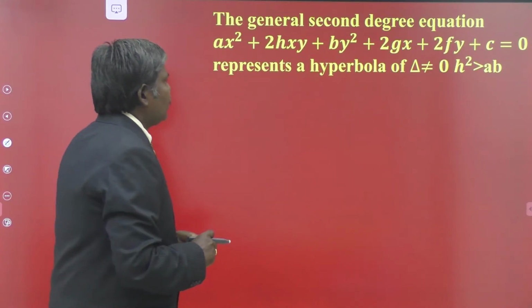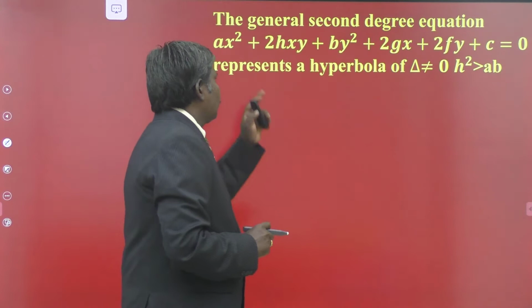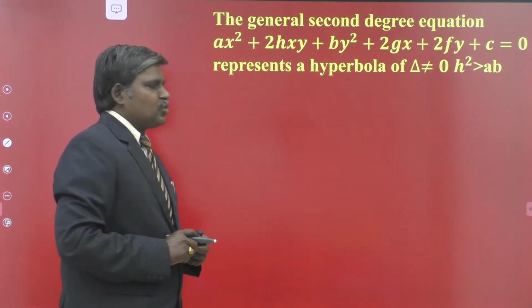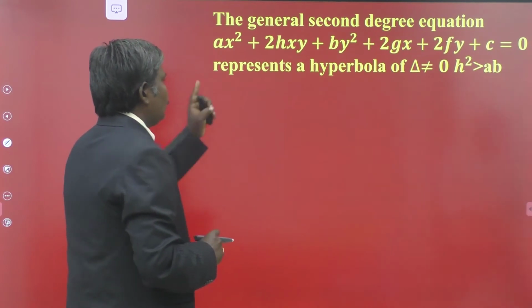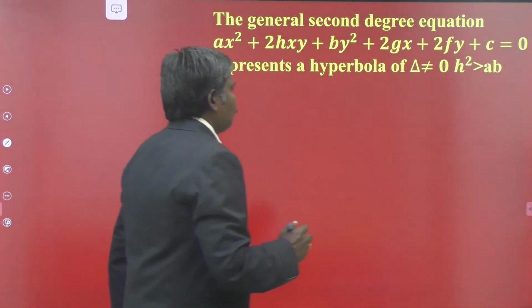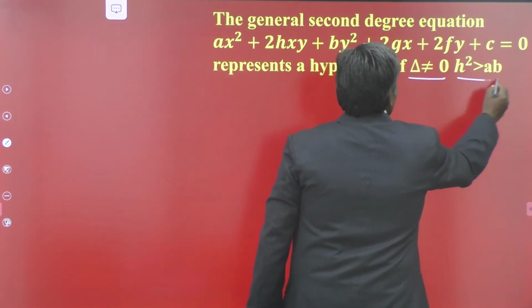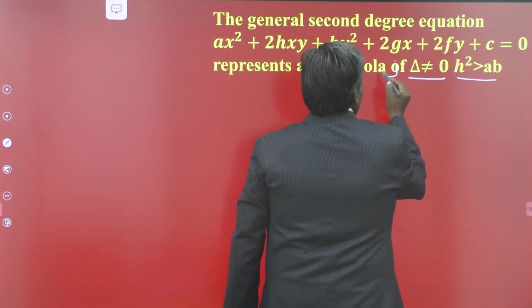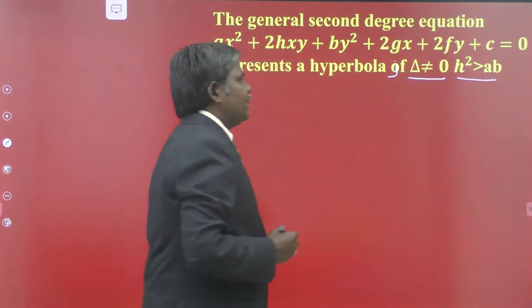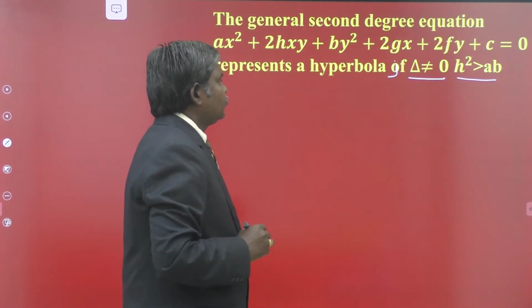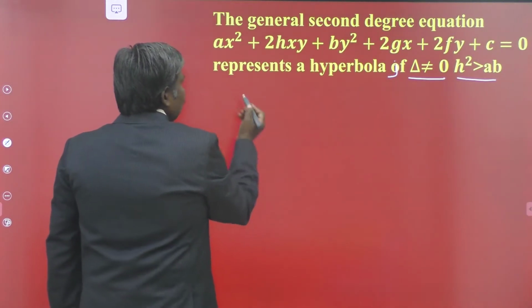Now the general second degree equation ax square plus 2hxy plus by square plus 2gx plus 2fy plus c equal to 0 represents a hyperbola if delta is not equal to 0 and h square is greater than ab. This is the condition. Now if delta is equal to 0, what happens?